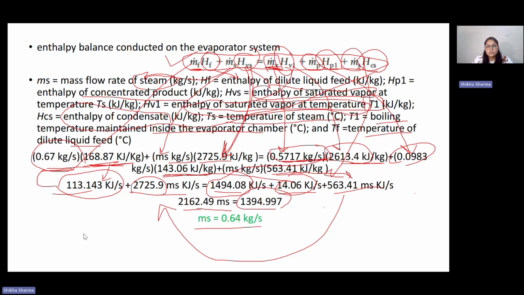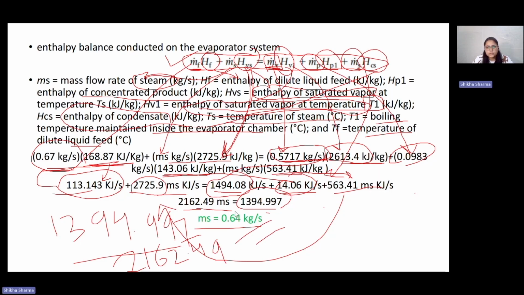So MS will be 1394.997 divided by 2162.49. So it would be equal to 0.64 kg per second. So this is the mass flow rate of the steam.